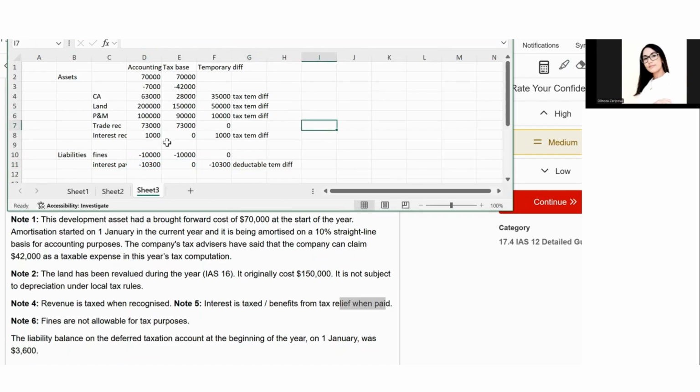My advice is, if you are calculating for liabilities, to put the minus sign already, because then it will be a deductible temporary difference. So when the carrying amount of a liability is more than tax base, in this case 10,300 and more than tax base 0, then you have a deductible temporary difference for liabilities.